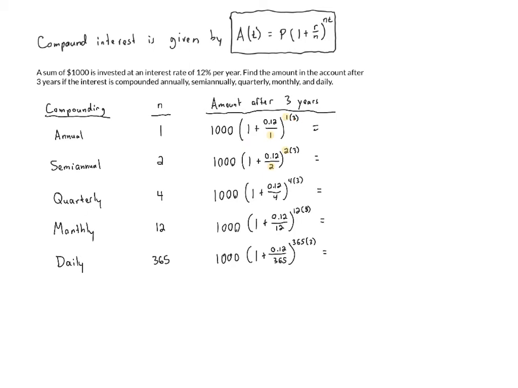And for the exponents, I would actually recommend either using parentheses around the whole thing so that you make sure the whole product becomes the exponent, or just doing this calculation in your head and entering in exponents of 3, 6, 12, 36, and whatever 365 times 3 is. I don't want to do that off the top of my head. Anyways, when we enter these expressions into a calculator, we get the following results.